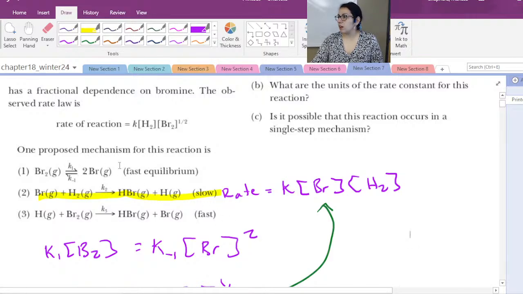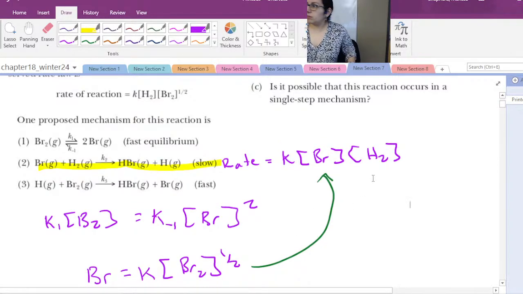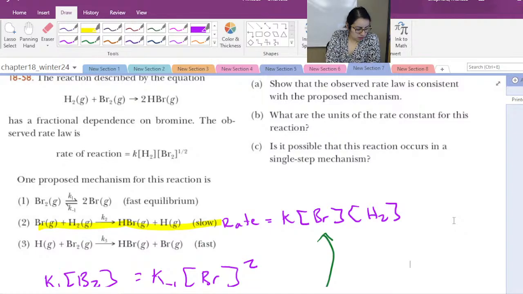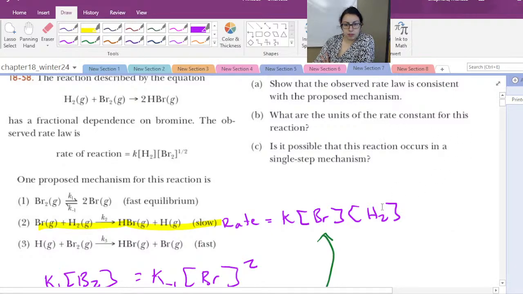Since it's two of them, so then, yeah. So what do we get for our units for this one, for our K?